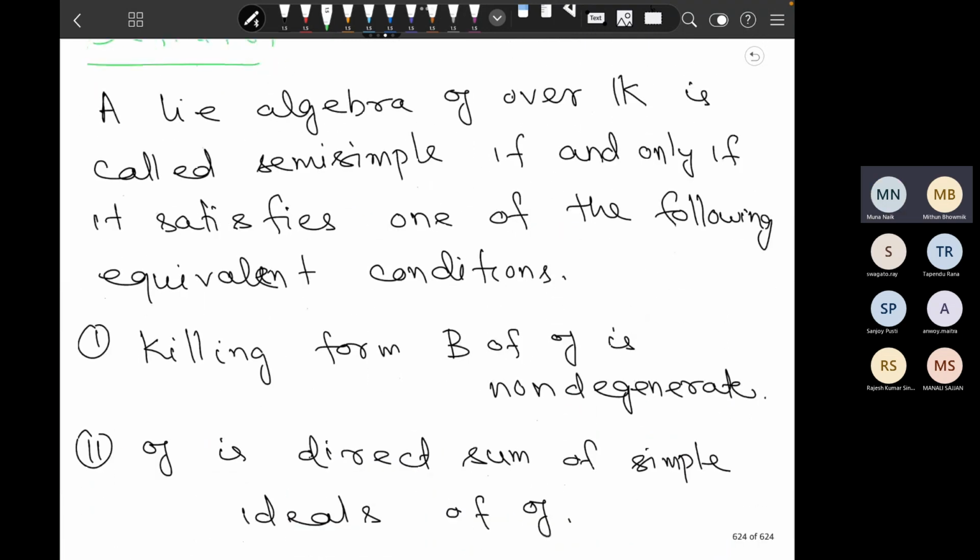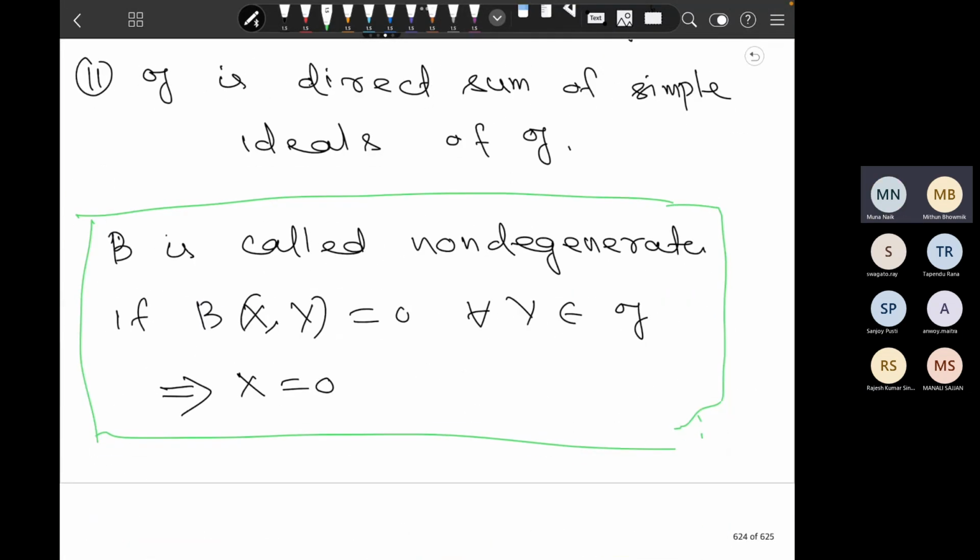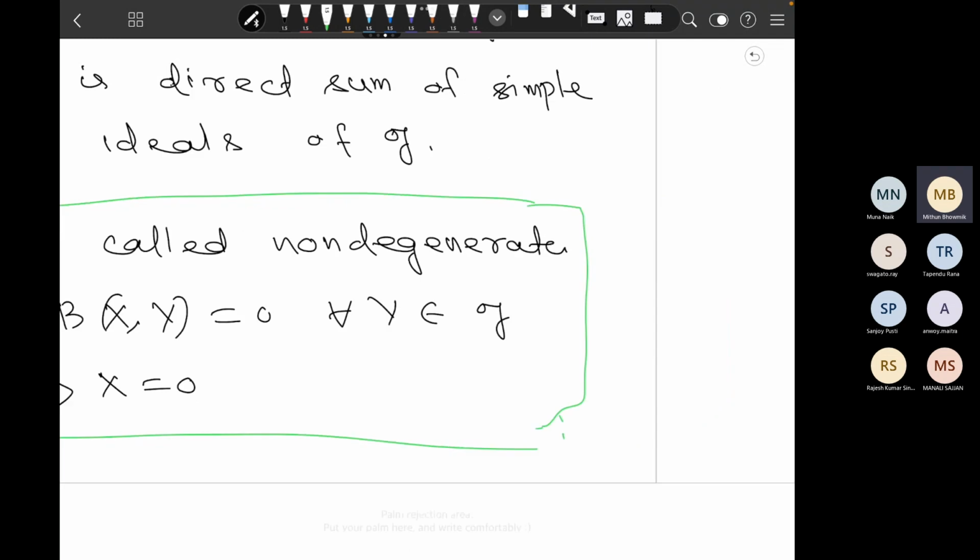And here this B is symmetric, so in one coordinate it will be sufficient.